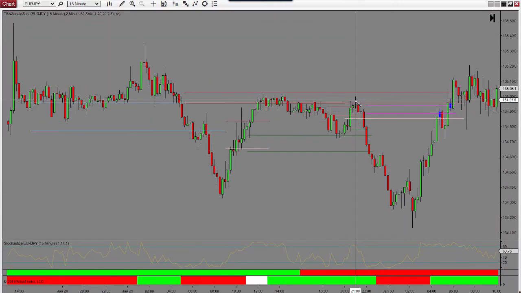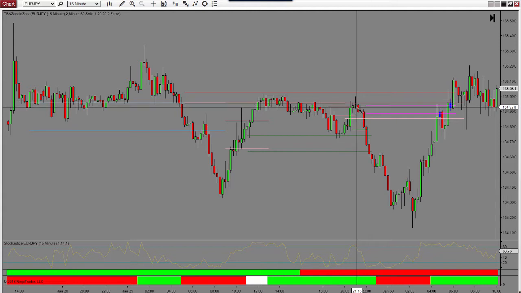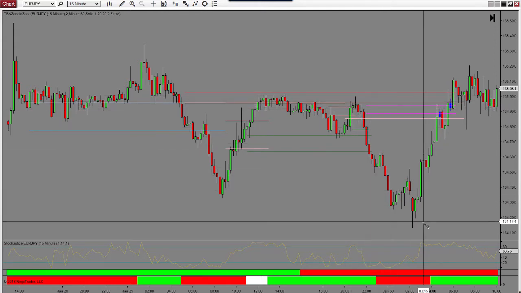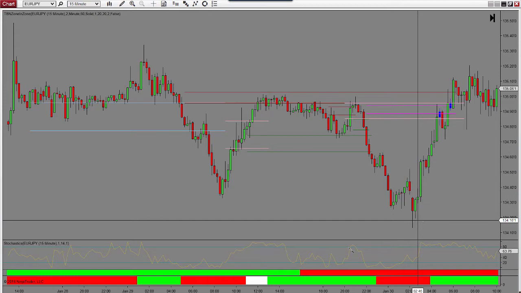Got a real nice move. I mean, look at this, guys. You can keep your risk so tight. I mean, if your risk is this bar, 92 to 99, you're talking about 10 pips of risk. I mean, that's a great trade.